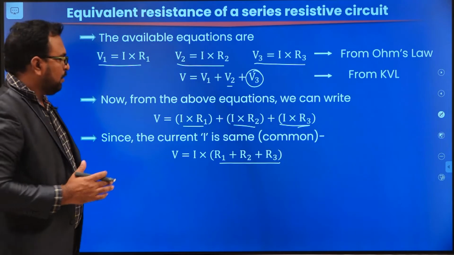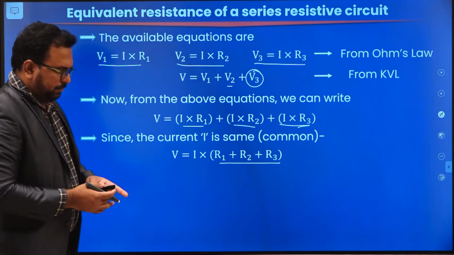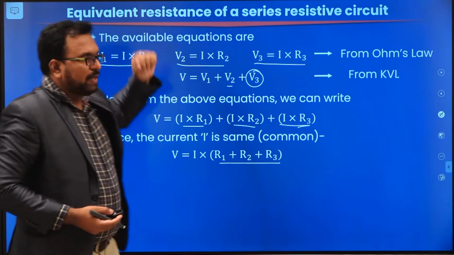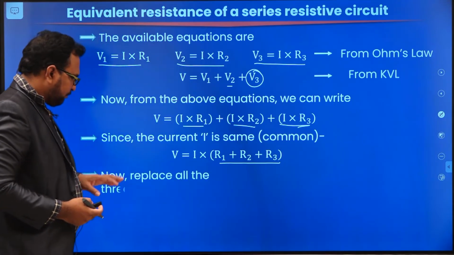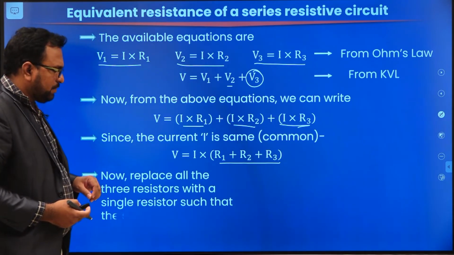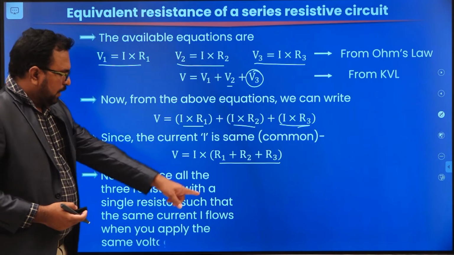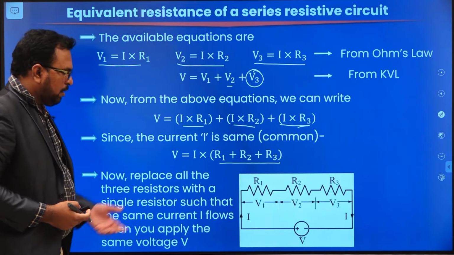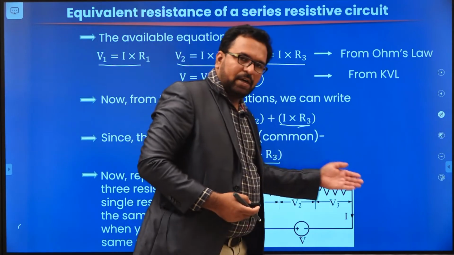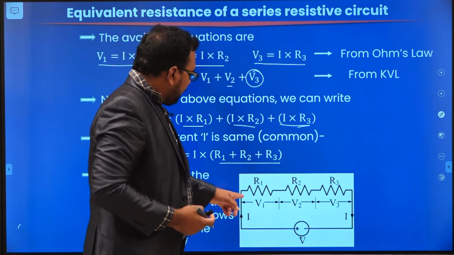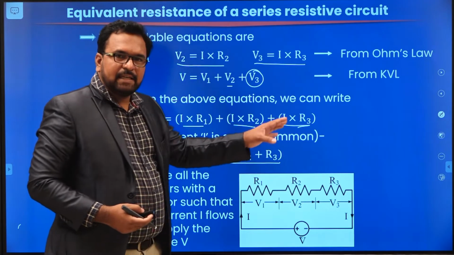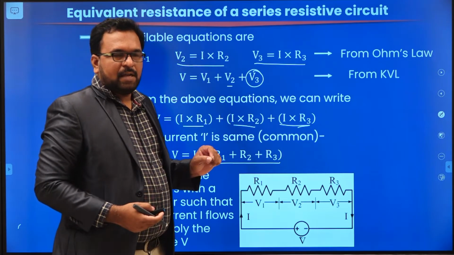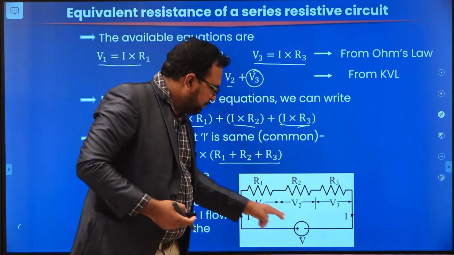Next, since we are going to calculate the equivalent resistance, what are we going to do? We are going to replace. That is the given circuit; there are 3 resistors here, R1, R2, R3. Now we have to replace these 3 resistors with a single resistor such that the voltage and current do not change.